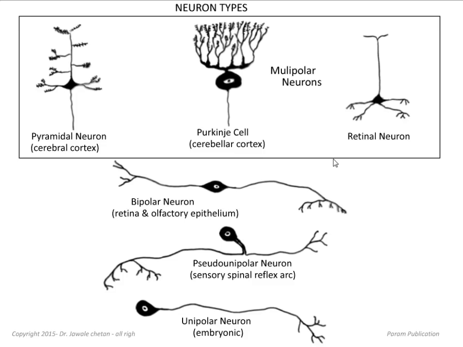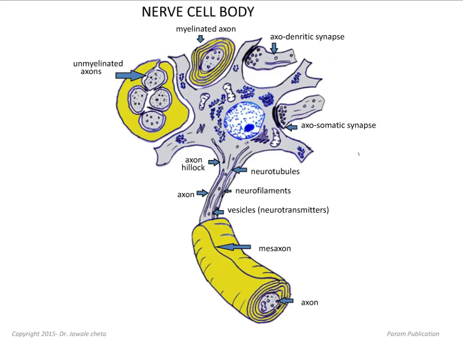Neuroglia, besides nerve cells and vascular tissue. Here in this diagrammatic presentation of a nerve cell body, you can see an entire nerve cell from axon. If we start studying this diagram, then the centrally located axon is covered with a mesaxon.